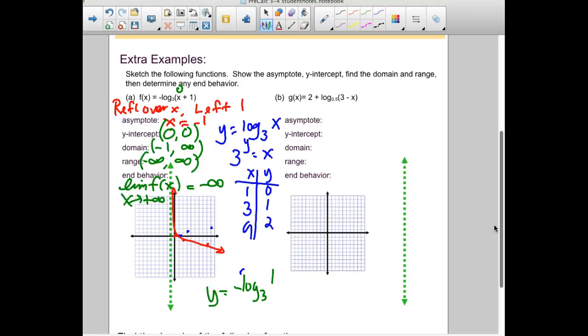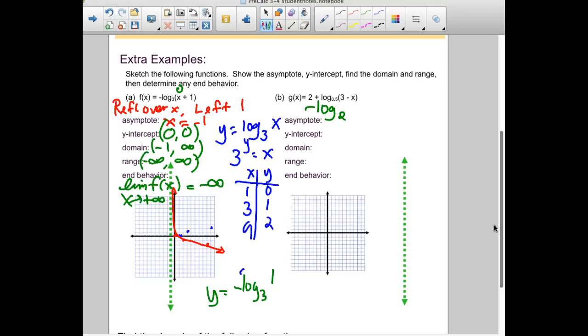All right. The second graph that we're going to look at, we are going to rewrite this equation getting rid of a fraction base. So instead of a base of 1/2, what could we do to this equation? We can change it to what base? A 2. Instead of a 1/2, we can use a base of 2 if we change what? Instead of a plus sign here, we have a minus sign. So we're going to think of this as negative log base 2 of the 3 minus x.